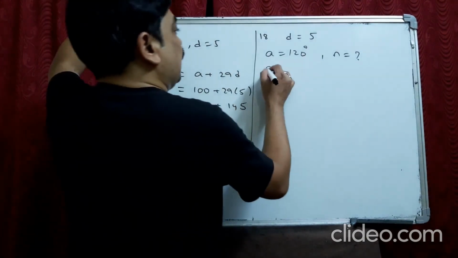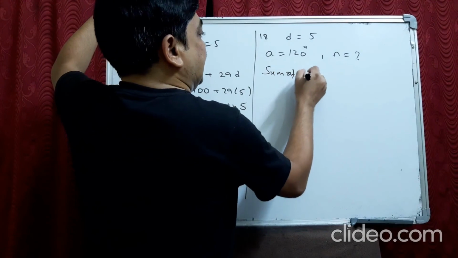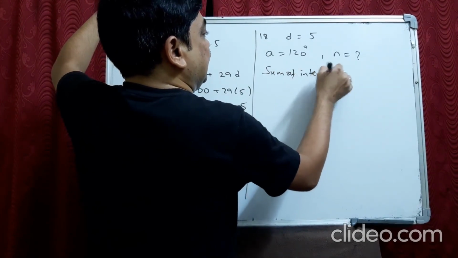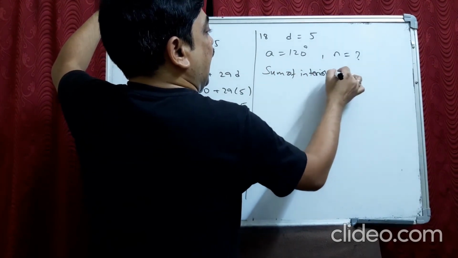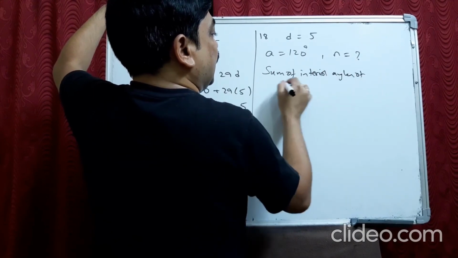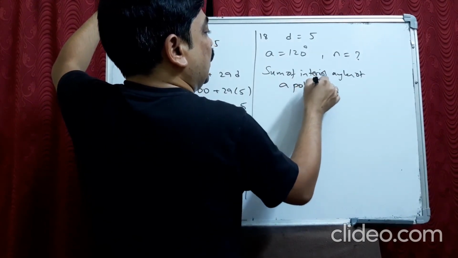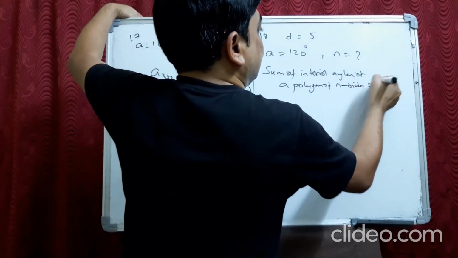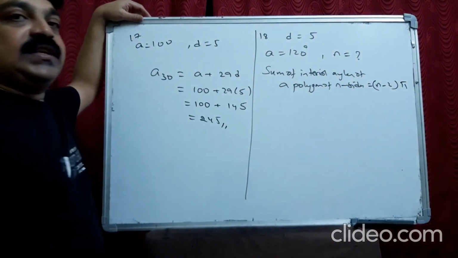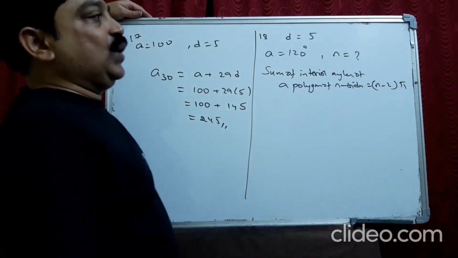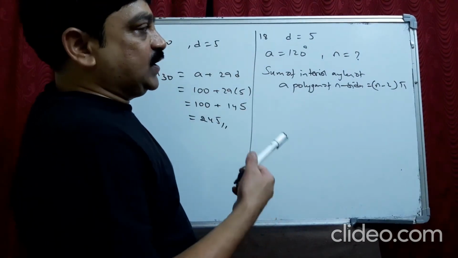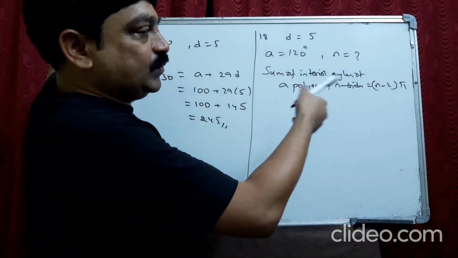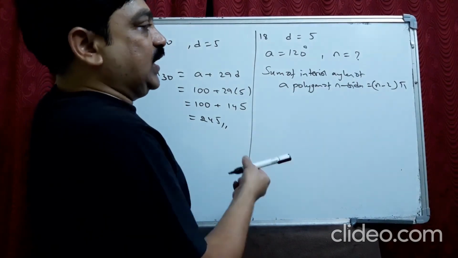Say the sum of interior angles of a polygon of n sides. The formula is (n minus 2) into pi. If it is a triangle, it will be (3 minus 2) into pi, 1 pi, that is 180. If it is a quadrilateral, (4 minus 2) into pi, 2 pi, 360, like that.